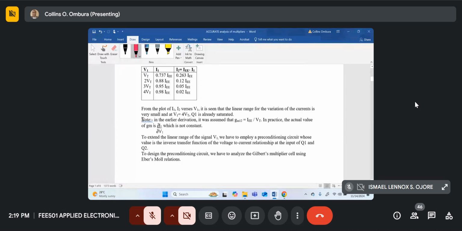So I've said over here, note, in the earlier derivation, it was assumed that the GM12, which would be equal to GM34, is IEE divided by VT. In practice, the actual value of GM is the change of I1 by V1, or change of I2 by V2, or change of I3 by V3, which is not constant.